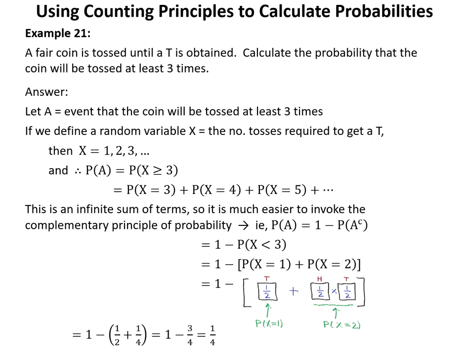And A complement is the probability that x is less than 3, which is just the probability that x equals 1 or 2. And that is a finite number of calculations. That's just 2 calculations that we need to do. So that's the way we proceed.